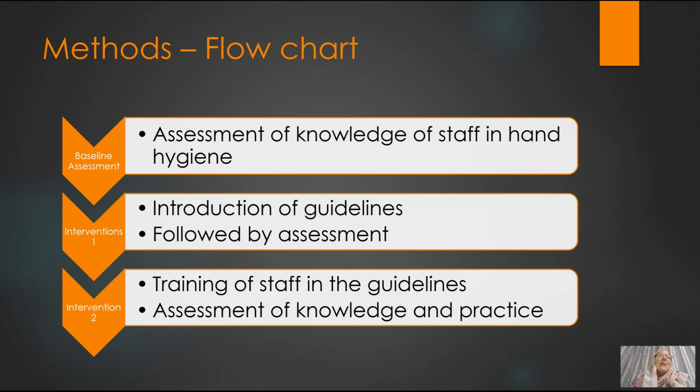And finally, you have intervention 2, which is training of staff in the guidelines. And following this training, you have another assessment of knowledge and practice. And in this way, the reader is very clear on what you mean by intervention 1 and intervention 2.